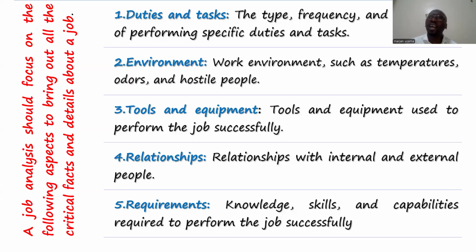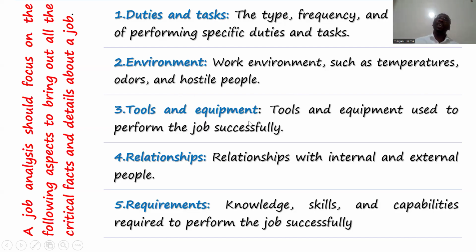If you're working in a good environment, then your output will be very good. And for example, odor means the smell. In some offices, even the smell is very bad. And hostile people. You go to the organization, the environment is very toxic, full of stress. So job analysis also helps us when it comes to creating a better working environment.